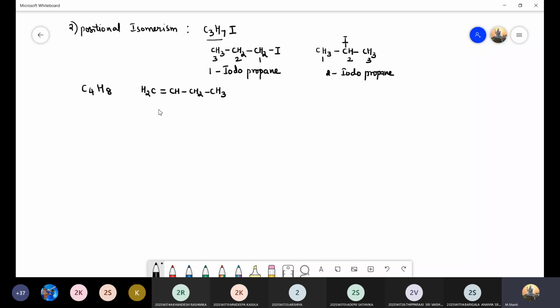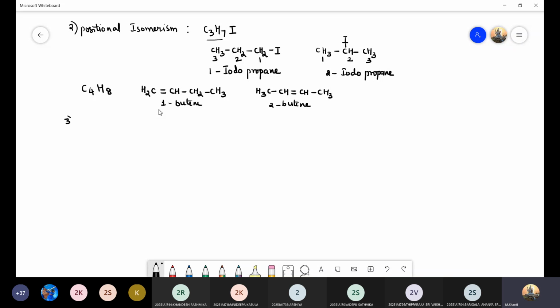Names of these compounds quickly. 1-butene, ma'am. Then the next one, 2-butene. Since they differ in the position of the double bond, these are termed positional isomers.